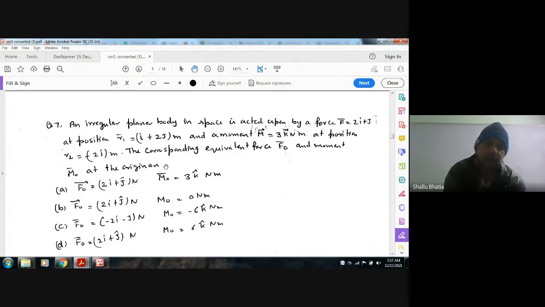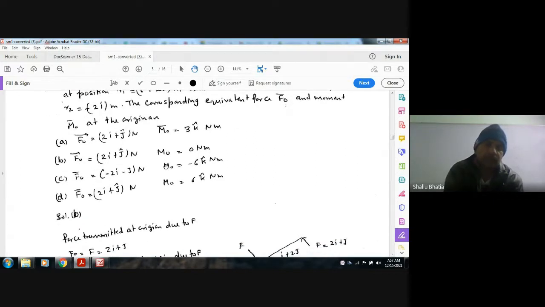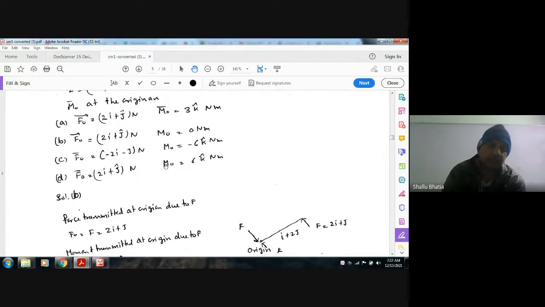The corresponding equivalent force F naught and moment M naught at the origin are: A, F naught vector is equal to 2i plus j newton, M naught 3k plus 3k newton meter. B, F naught vector 2i plus j newton, M naught 0 newton meter. C, F naught vector minus 2i minus j newton, M naught minus 6k newton meter. D, F naught 2i plus j newton, M naught 6k newton meter. Okay.